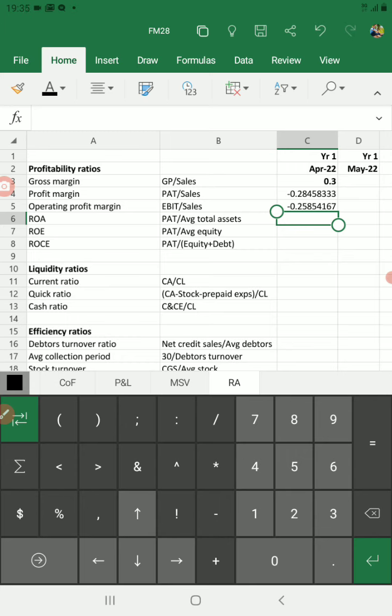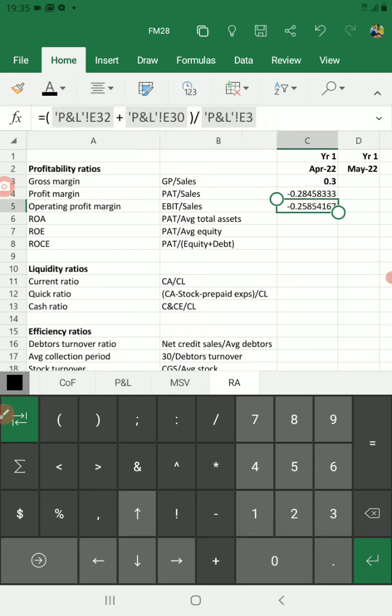Okay, so the same profit margin shows how much of the sales is converted into profit. Operating profit margin the same. How much of the sales is converted into operating profit.